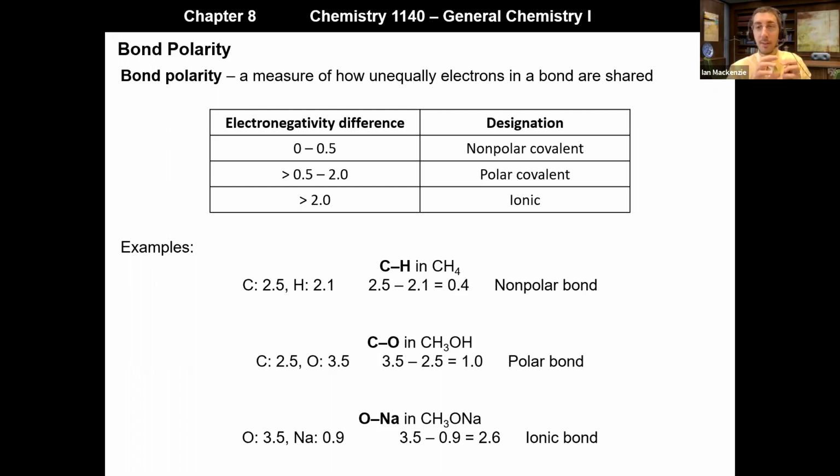Oxygen fully takes the electrons away from sodium. And that's how we use this designation of bond polarity and electronegativity to talk about how atoms share electrons and form bonds, or don't share electrons in some cases, how we get chemical bonds that we then rely on for reactions and life.